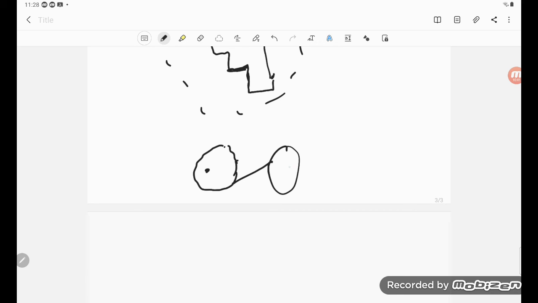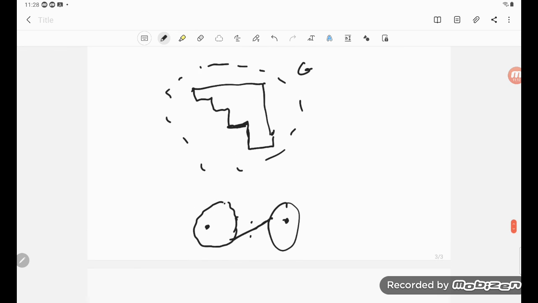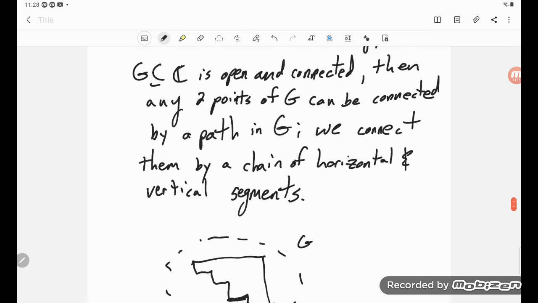If I want to connect this point to that point, this set is connected because I can connect the point on the left to the point on the right. I just have to go through this line here that's in the set. But there's no way to produce horizontal segments inside of G such that I can do it. So here's a case where this is a connected set, but it's not open. And this says it needs to be open and connected.